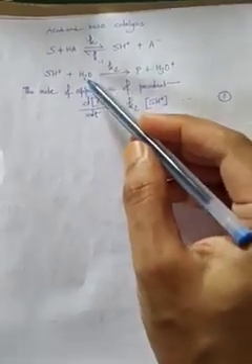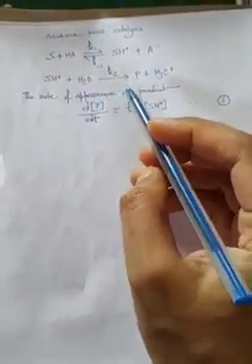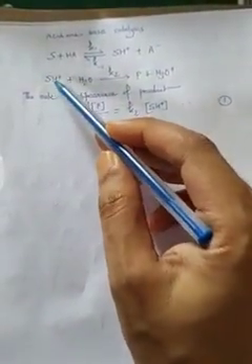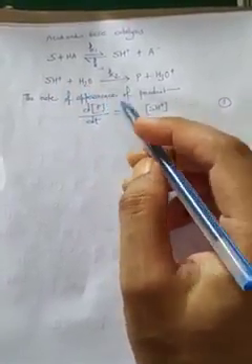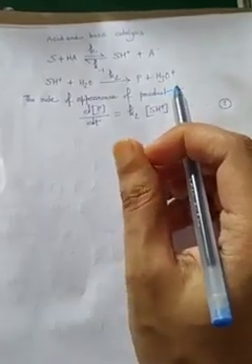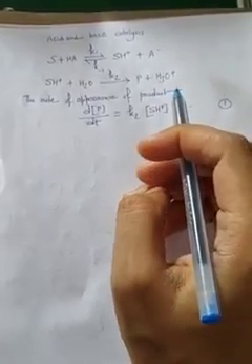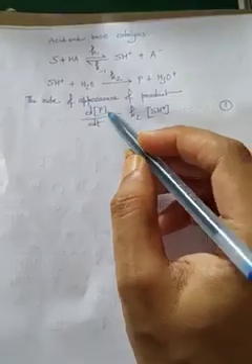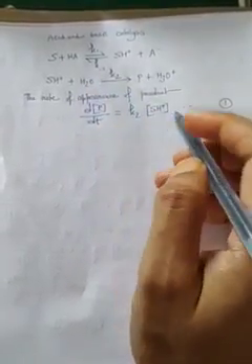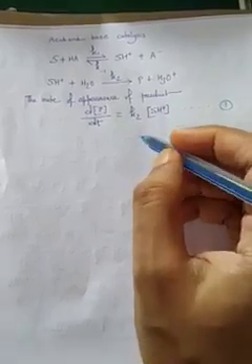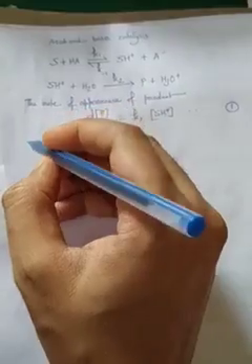Since the concentration of water is very high compared to the other species, its concentration is almost unaltered during the course of the reaction. Since it is almost constant, its concentration is not included in this expression.